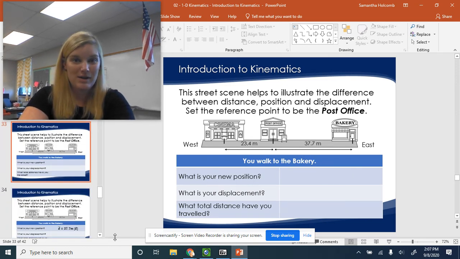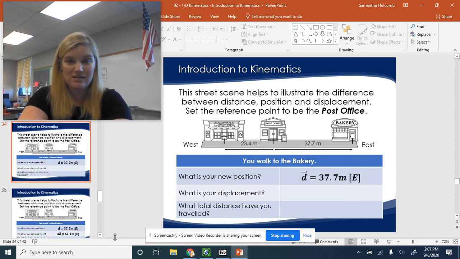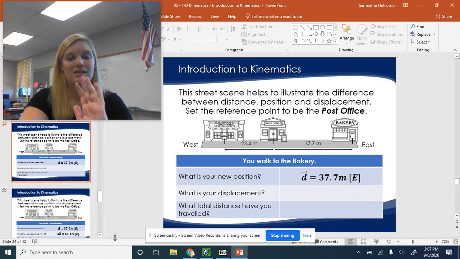Now we're walking back to the bakery because, again, we're just hungry. So our new position relative to our reference point at the post office is going to be 37.7 meters east, because that's where we are against our reference point.